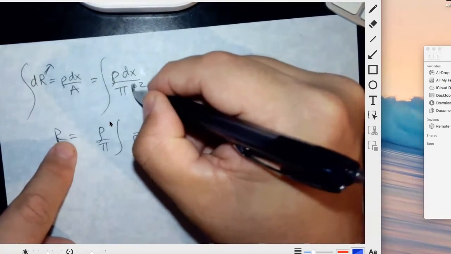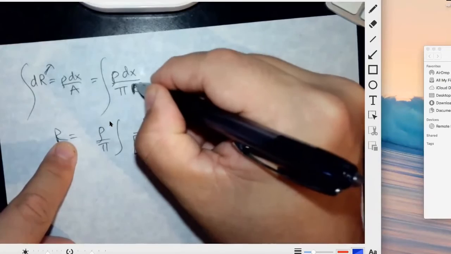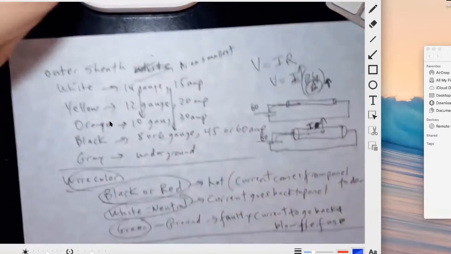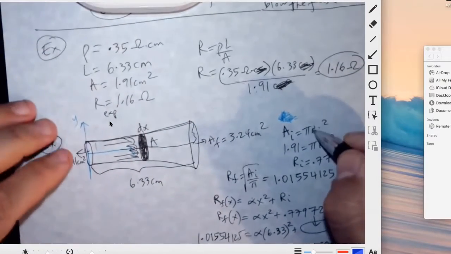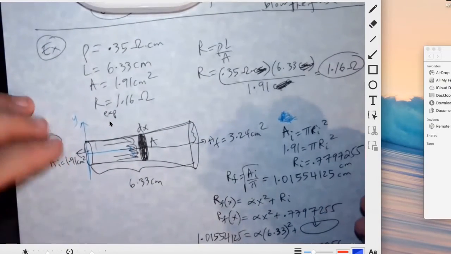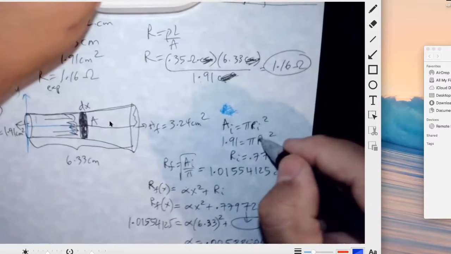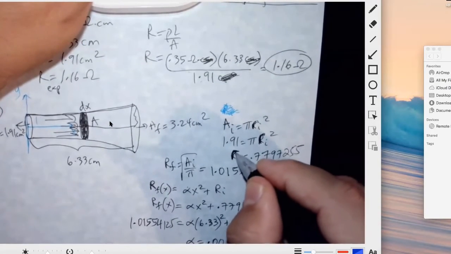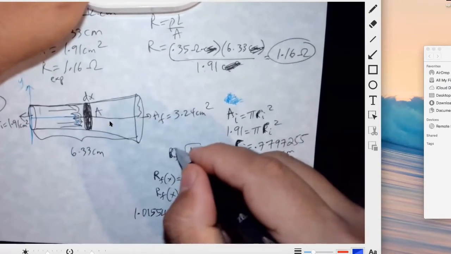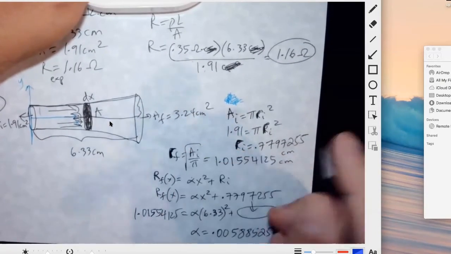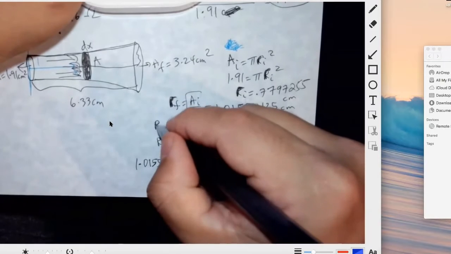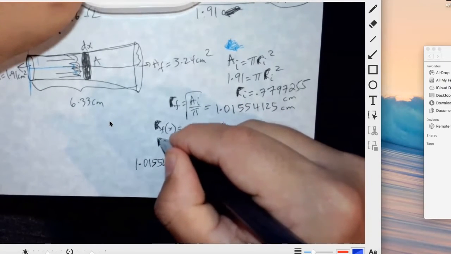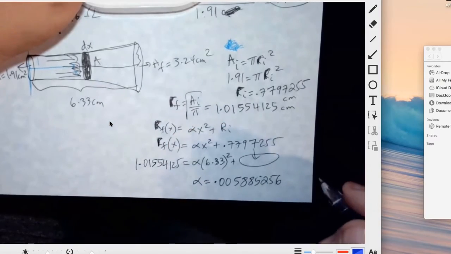I should perhaps do small r here for the radius. So let's do small r here, so you won't confuse it with the resistance. Small r, small r, small r, small r. Okay.